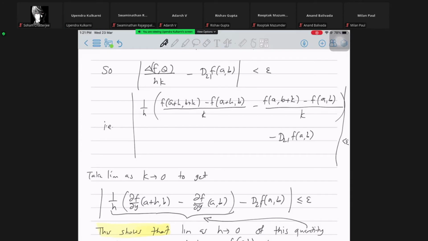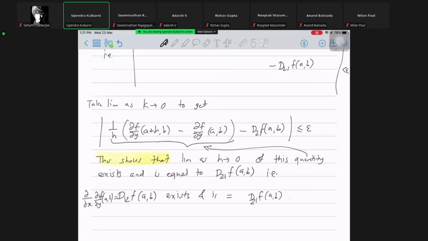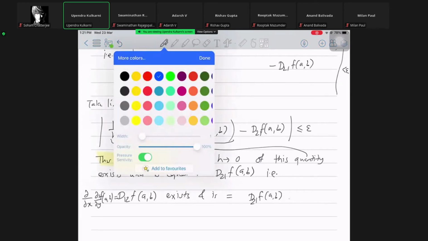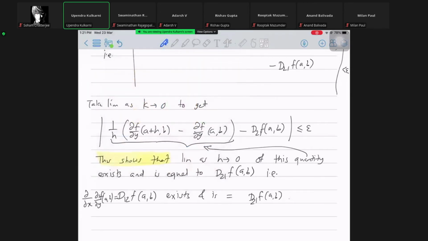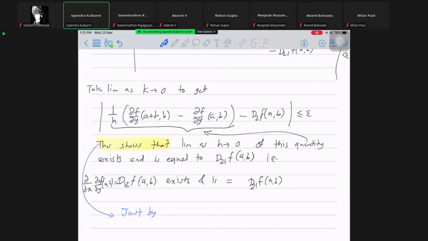So let me just say this shows that. This is just using, not even a formulation, it's just a definition.